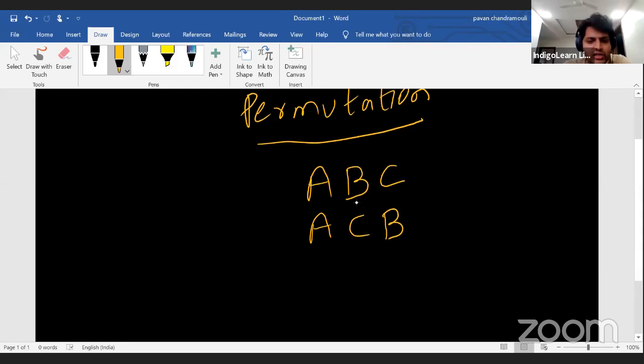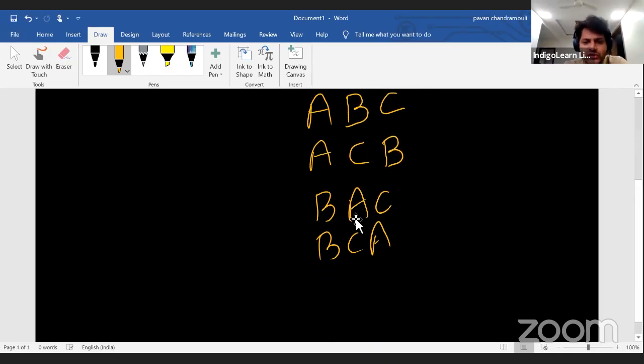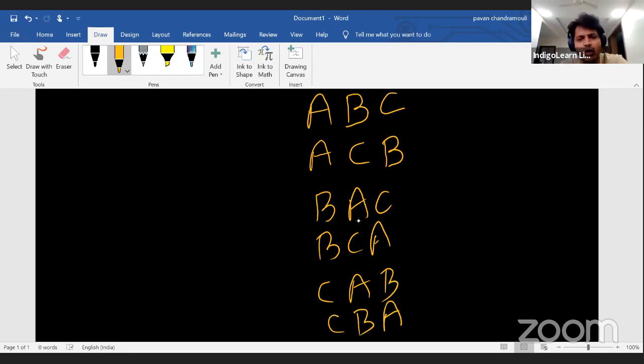And similarly, you can start with B and you can interchange the positions of A and C. Same way you can do with B, and similarly you can also do the same arrangement with C, right? So you can see that in all 6 arrangements that I have done, the same 3 people are sitting, right? But the order in which they sit is making a lot of difference.